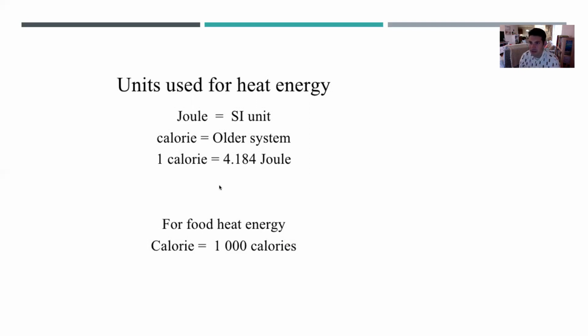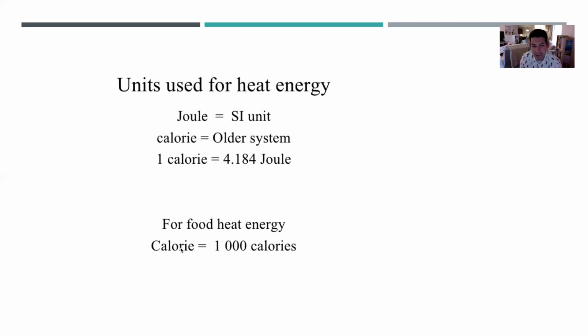And the interesting thing, in Europe, their food packages will say kcals, right? So if you were to eat a candy bar and it was 160 calories, out in Europe, it would be 160 kcals, and that K stands for kilo. In America, we did something weird where we made a capital C for the calorie.